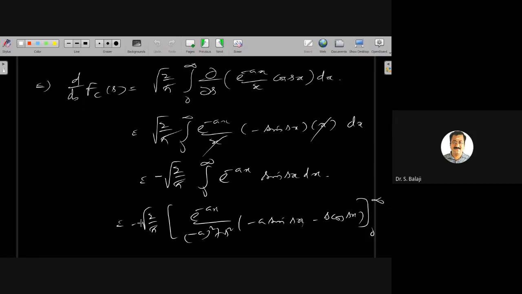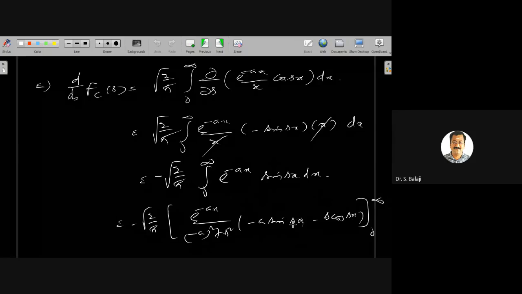In that manner, I can write minus root of 2/pi times e^(-ax)/(a^2+s^2) into (-a sin sx - s cos sx).